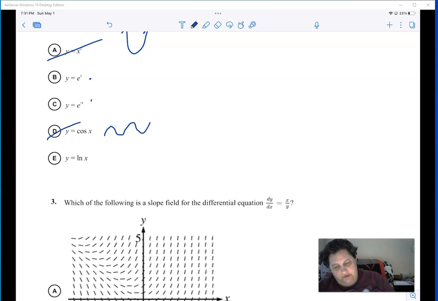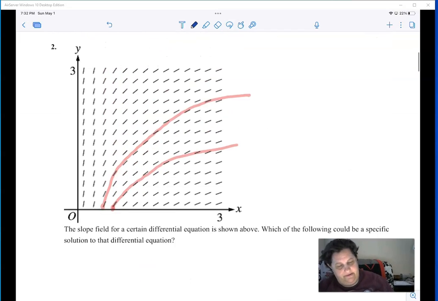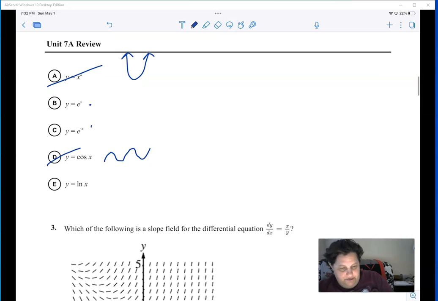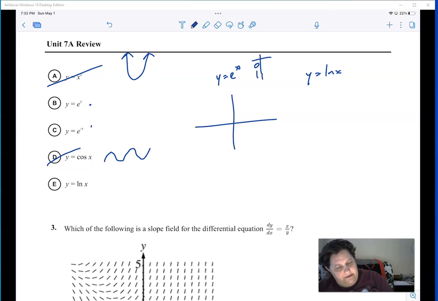No. So I've got to remember the difference between e to the x and ln of x, right? You guys ever remember that? Check it out. For e to the x, we have 2 points we use: e to the 0 and e to the 1. e to the 0 is 1, e to the 1 is e. You can remember that: the points 0, 1 and 1, e. You can probably remember e to the x.